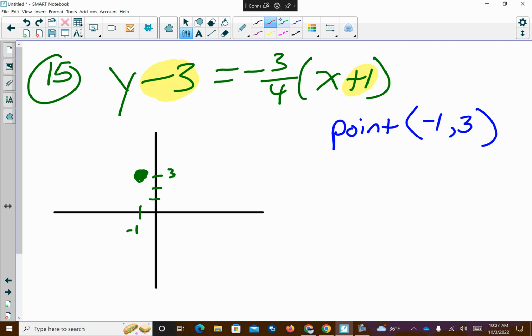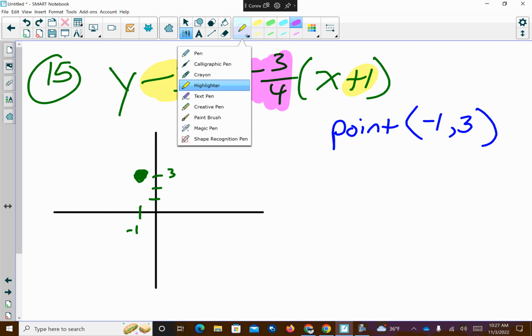What more information does this tell us? What is this? What's the M word? Slope, yeah. Good. It's our slope.